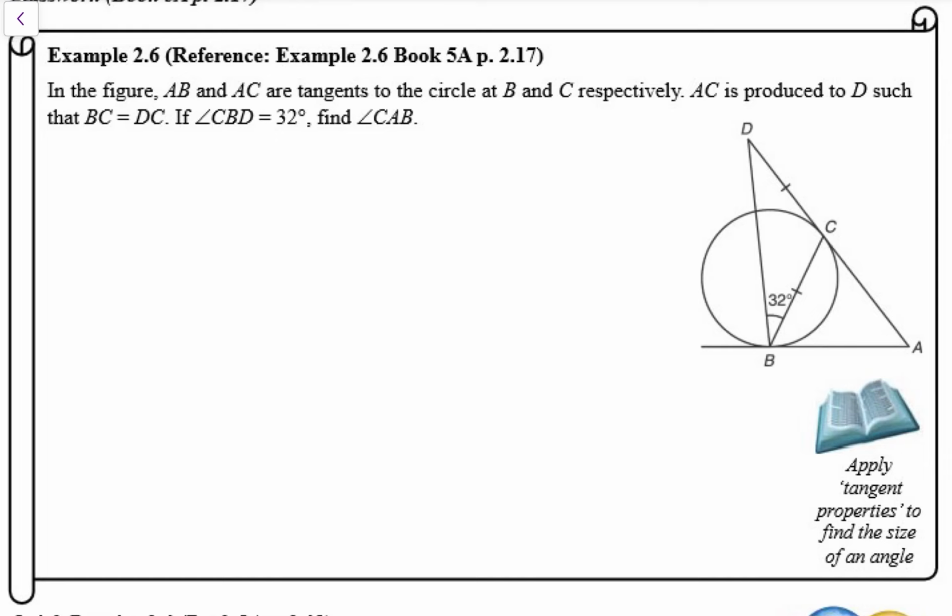So let's try to make use of the tangent properties. Right now, I don't have the angle at the center, but then I do have these two lines, AC and AB. So from the first sentence, we know that AC equals AB because of tangent properties.